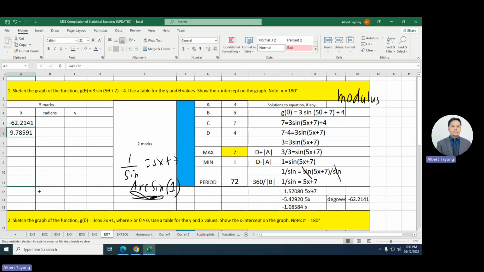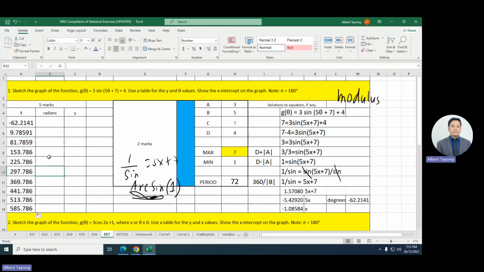Then drag it down like this, and then we get the radians equals radians of this. See 1.08584.